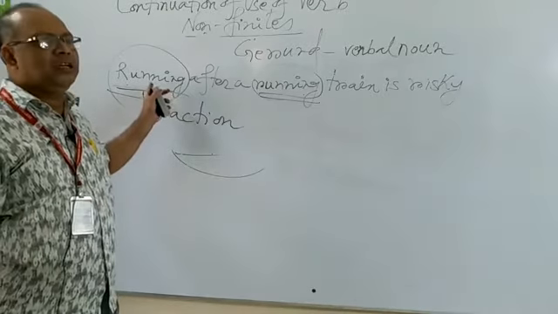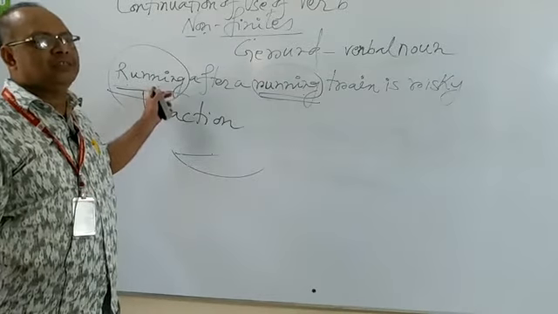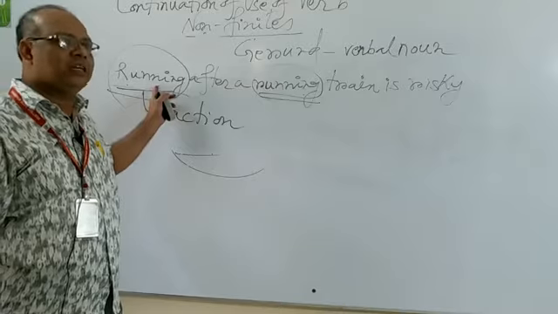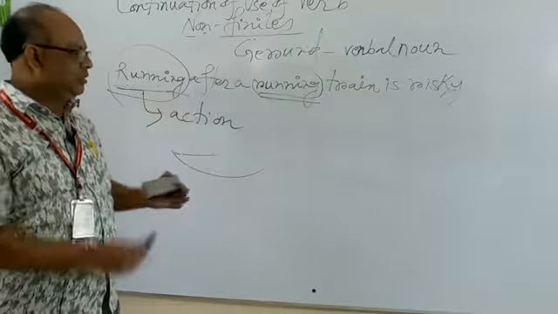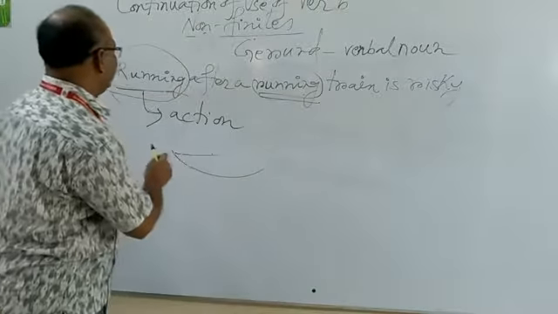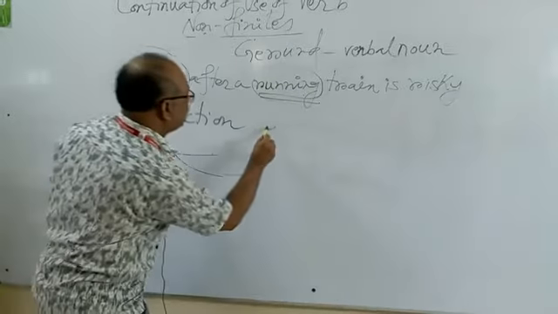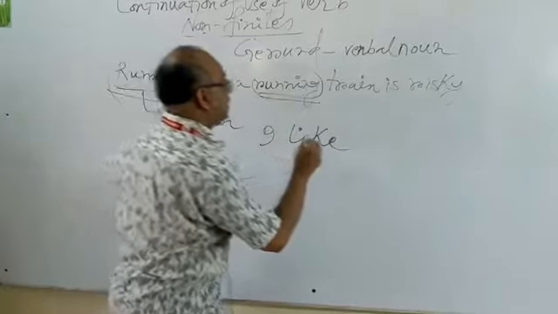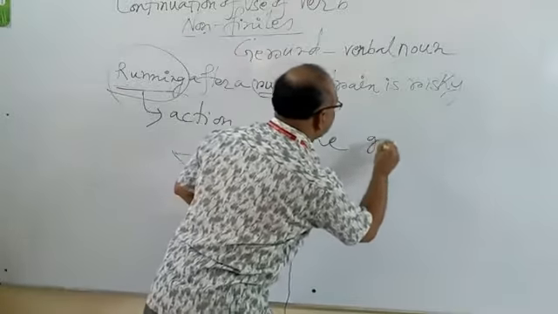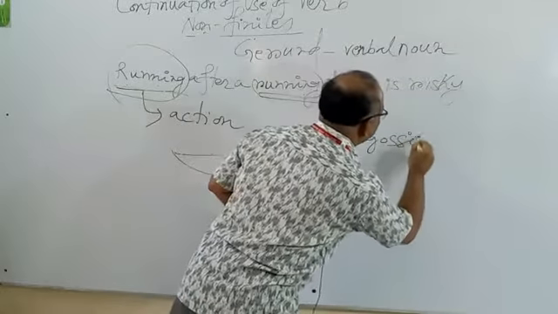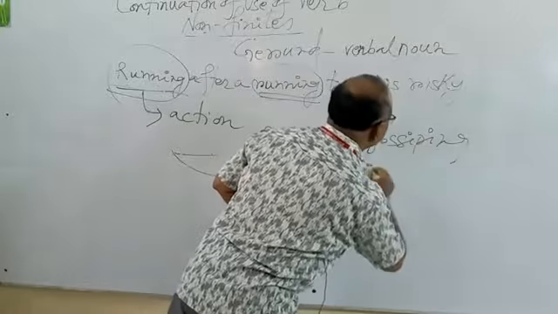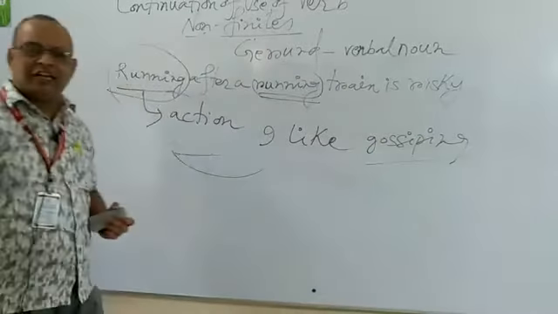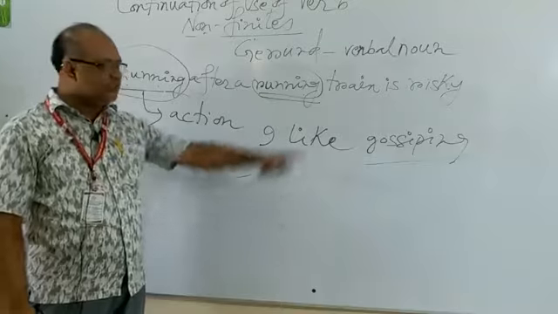And not only is it used as a subject, it is also used as an object. Let me show you through an example. I like gossiping. So, gossiping. What do you like? Gossiping. What is its form?